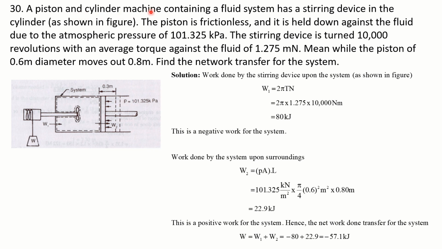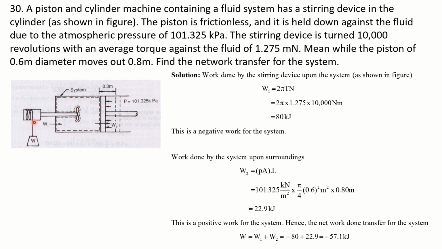A piston and cylinder machine containing a fluid system has a stirring device in the cylinder. Look here, this is the system, the stirrer. When I allow this weight to fall down, then this will rotate and the stirring happens.